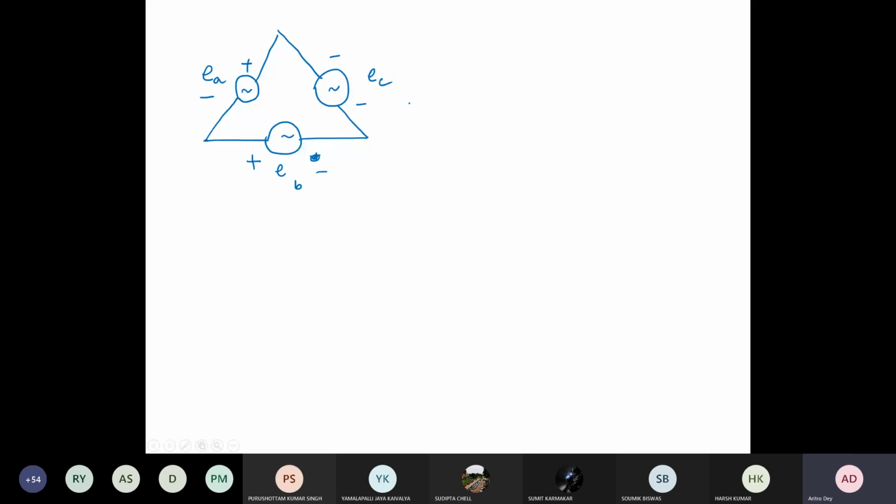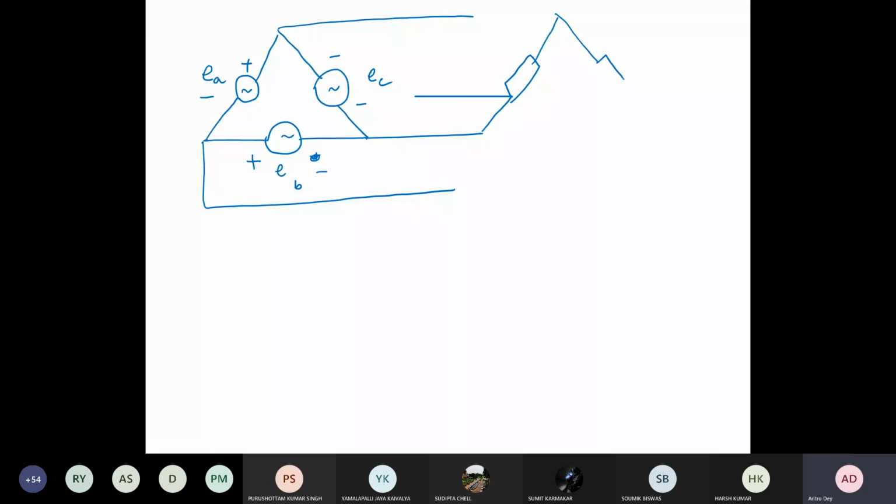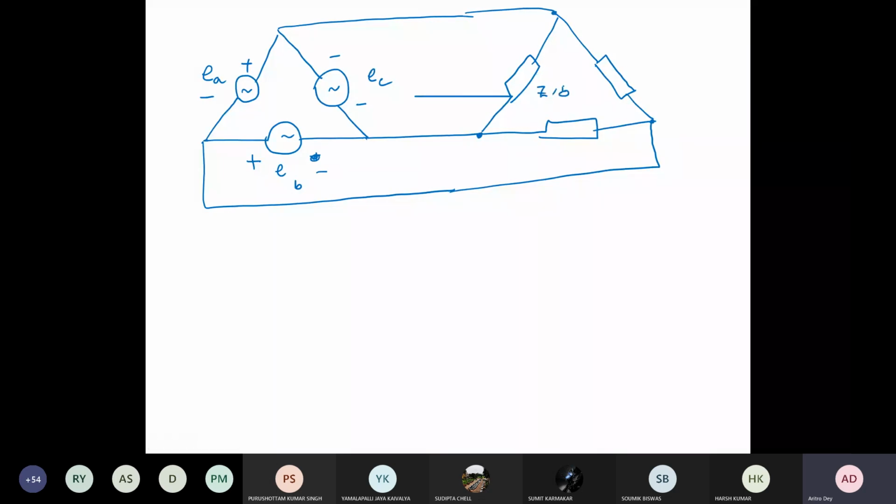So we can connect like this. These are the same impedances, a balanced load we are taking. So this is also an example of a three-phase three-wire system. This is your balanced three-phase three-wire system, and the loads are delta connected. The source is also delta connected.